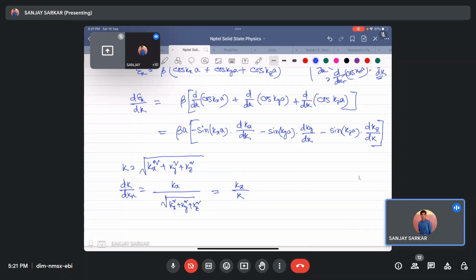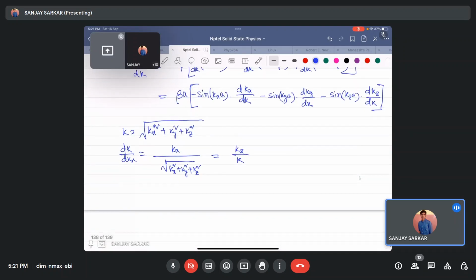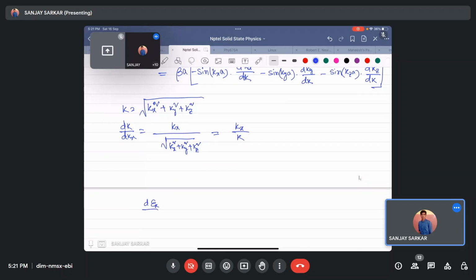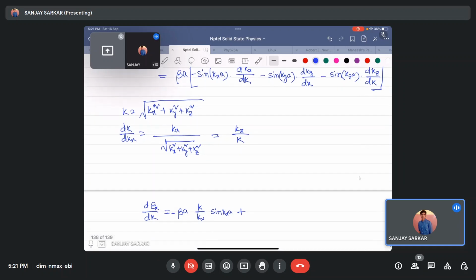That means dkx by dk is k by kx. So d epsilon k dk will be beta into a, with the minus sign outside, times k by kx sine kxa plus k by ky sine kya plus k by kz sine kza.